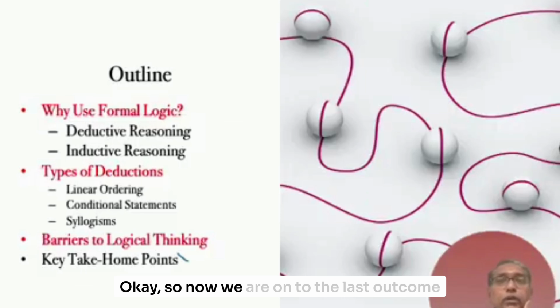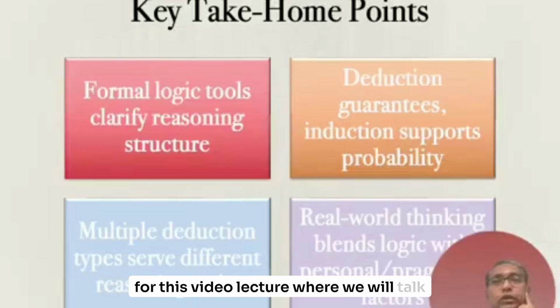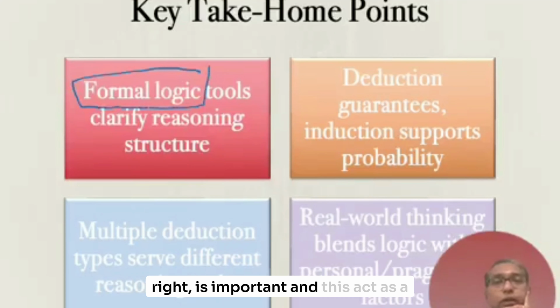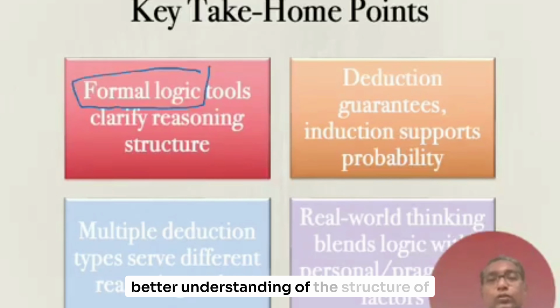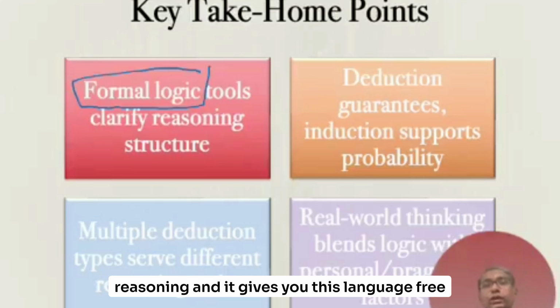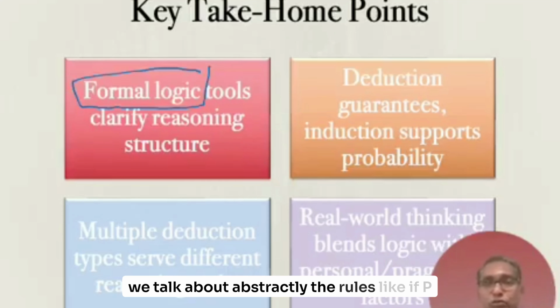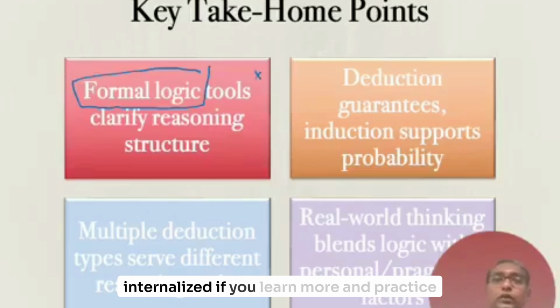Okay, so now we are on to the last outcome for this video lecture, where we will talk about some key take-home points. We've discussed that learning formal logic is important. It acts as a cognitive tool that gives you a better understanding of the structure of reasoning, and it gives you a content-free language where we talk abstractly about the rules, like if P then Q. All those rules will get internalized if you learn more and practice more.